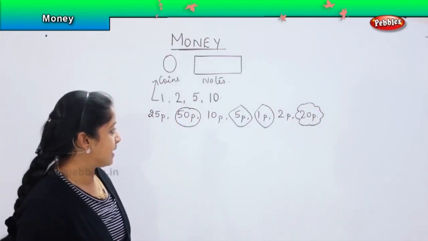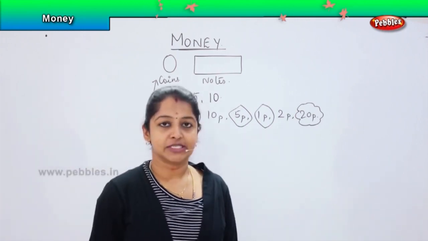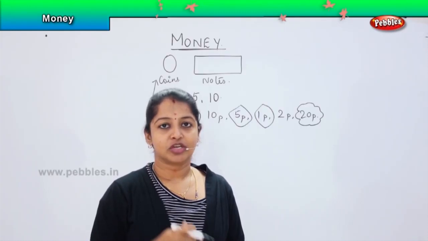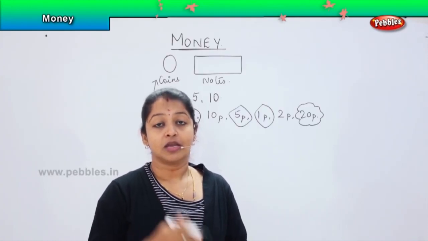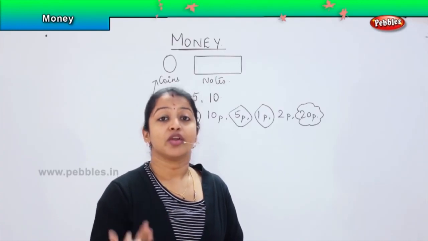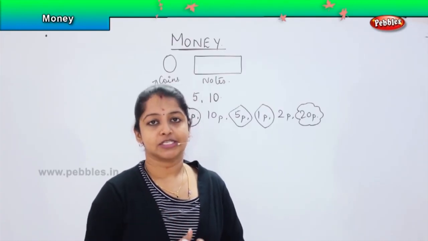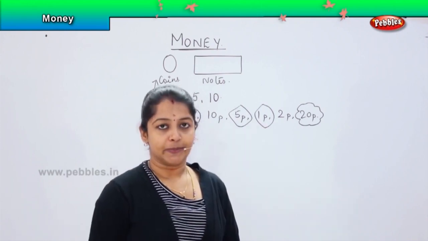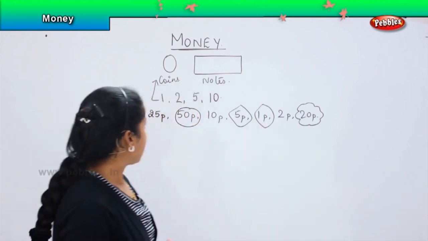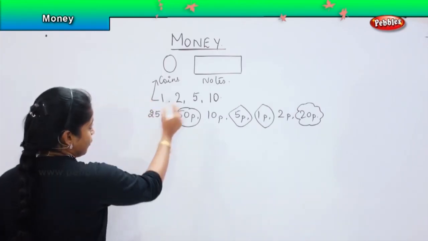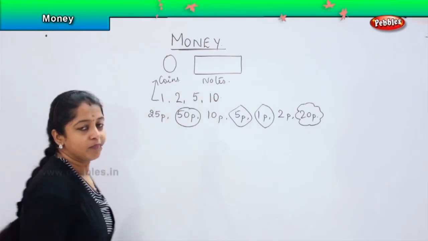So, you can ask them to show you these denominations and you can keep it as a collection, so that in future you can show it to your parents, your friends, or even your younger ones, your brothers, sisters, siblings, and show them your collection of money.